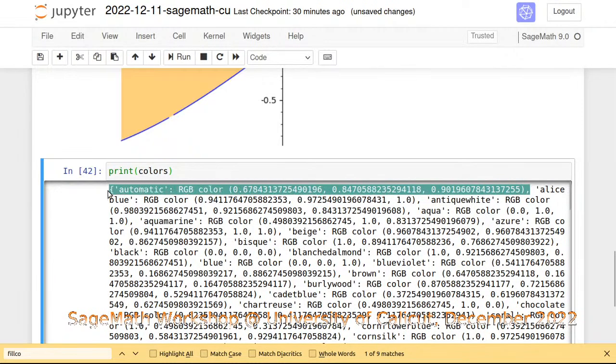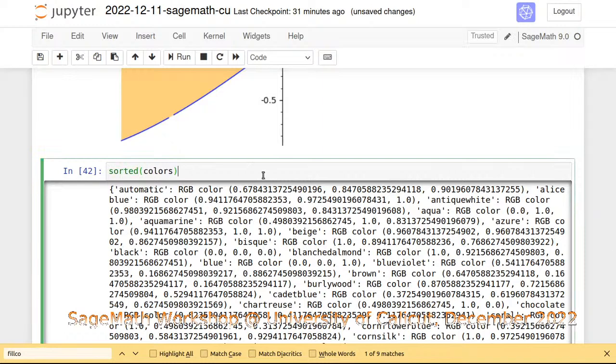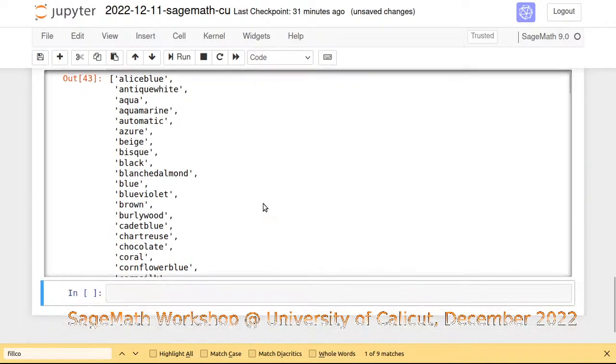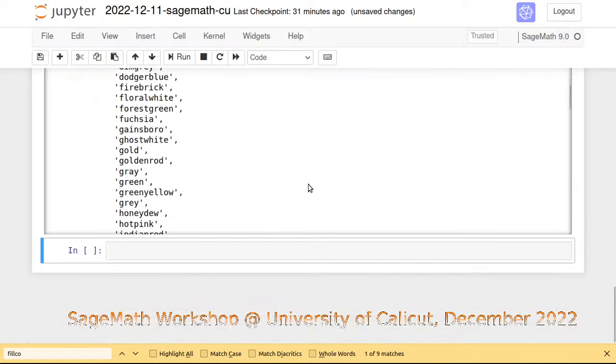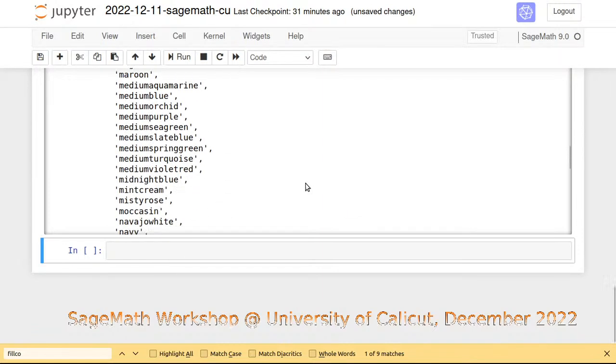You can see that automatic is this, and the color Alice blue corresponds to an RGB color. It's defined like this. So whenever we are using the named constant Alice blue, automatically this RGB color is taken. So when we ask for printing sorted colors, only the corresponding keys are displayed. Automatic is the key. Alice blue is the key, and aquamarine is another key, etc. Okay, these are the colors available to us. Any of these named constants we can use for giving a specific color.